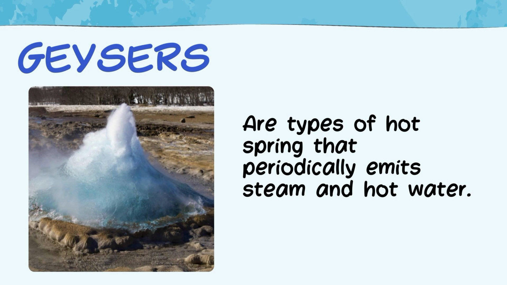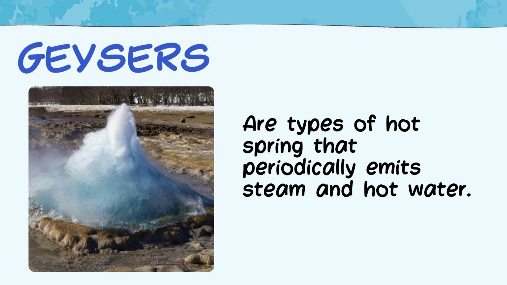groundwater. This heated water becomes less dense and rises through cracks and fissures in the rock. Crucially, the underground system must have a complex plumbing system of interconnected chambers and conduits. The rising hot water expands and builds pressure. When the pressure exceeds the weight of the overlying water column, a geyser erupts.